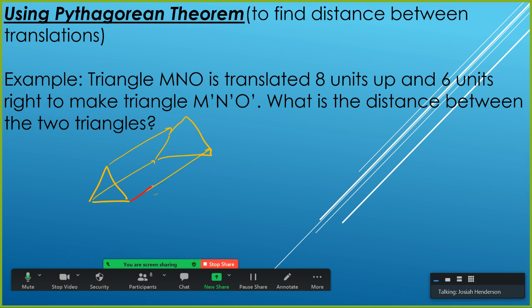How far did it go from one to the next? So they're telling us it went up 8 and right 6. So up 8 and right 6.